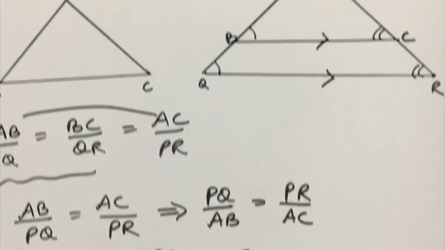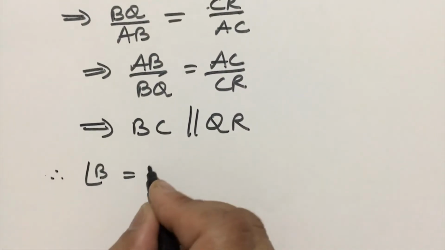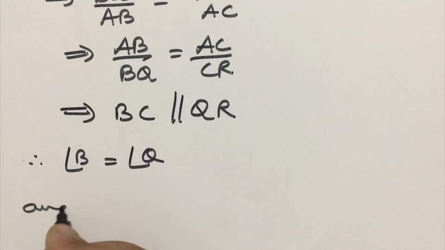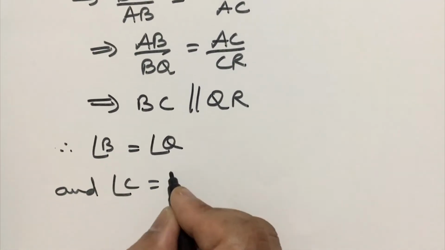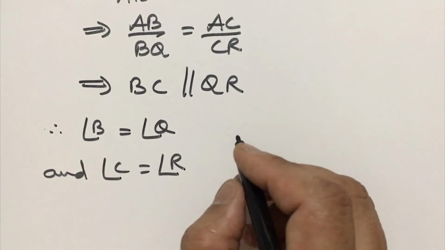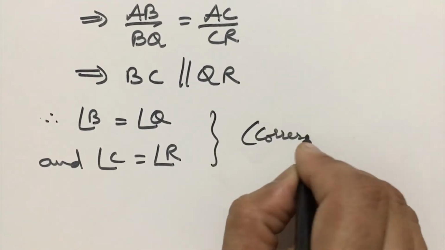So, you can write here, therefore, angle B is equal to angle Q and angle C is equal to angle R. The reason is corresponding angles.